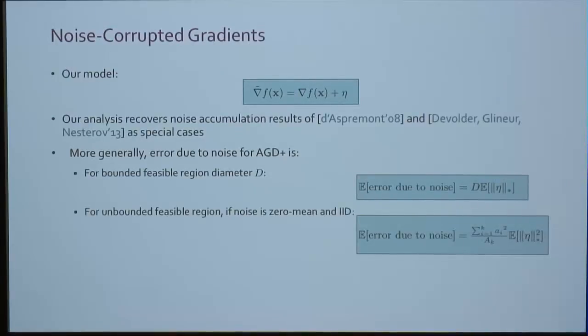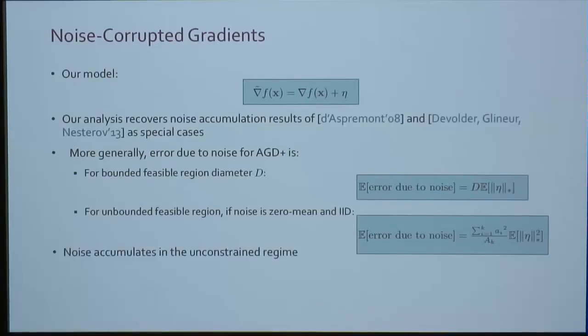In the unconstrained regime, the error due to noise now involves these a_i's and A_k's. So these are actually the sequences of points that determine how fast we are converging, in the inner product with the noise norm squared. Here, we do need that the noise is zero mean and IID.